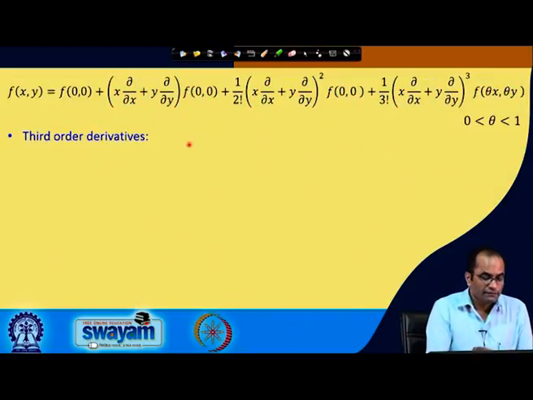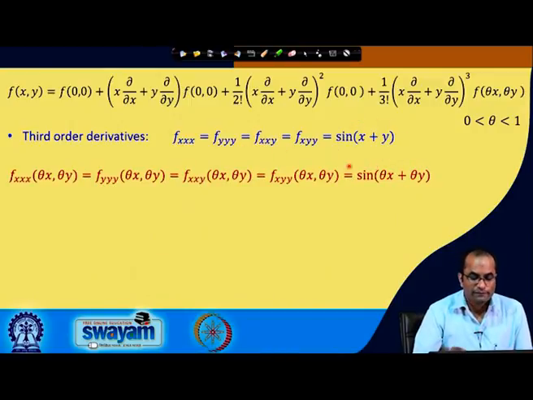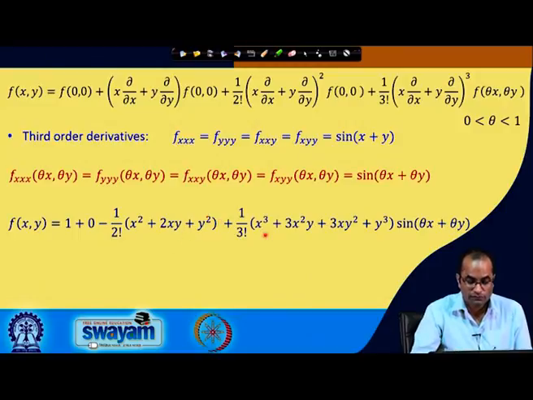For the third order derivatives, similarly we get back to sin(x plus y), and for the third order derivative we need to compute at the point (theta x, theta y). So, at this point it will become sin(theta x plus theta y), and now we can substitute in this expansion. So, we get 1, and the first order derivative terms were 0, then again here 1 was the value, and then we have the sin, the third order derivatives in this term.